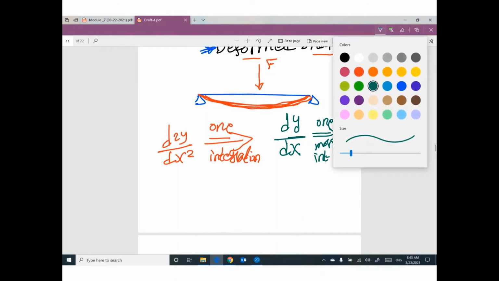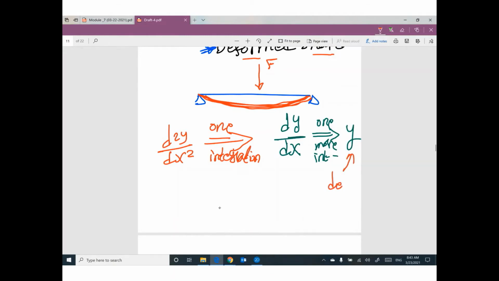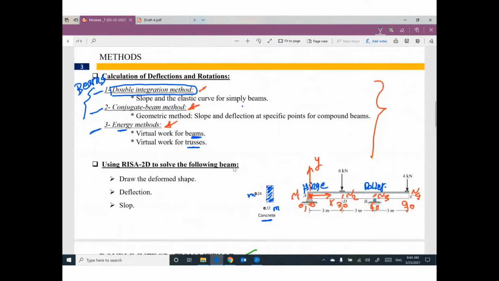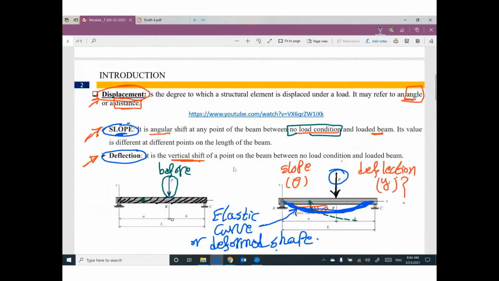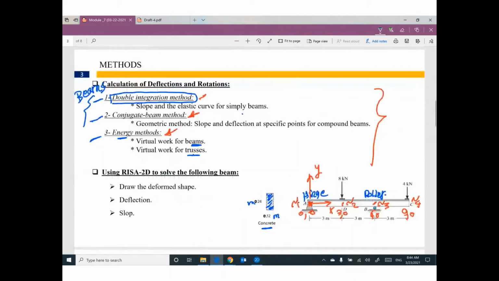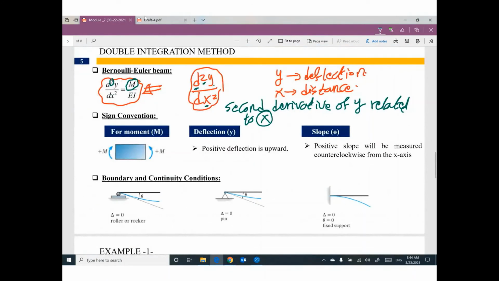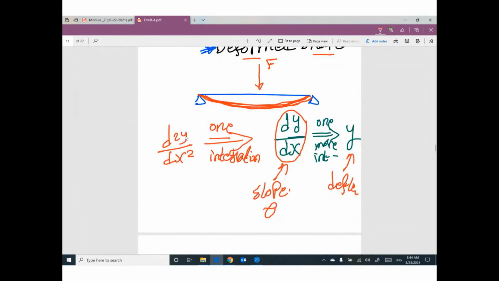And y is the deflection. By the way, the first derivative of y related to x is slope, theta. Just to remind you, our target is to calculate what is the slope theta, what is the deflection y. This expression is the second derivative of y related to x.